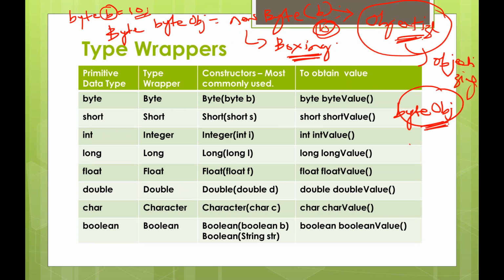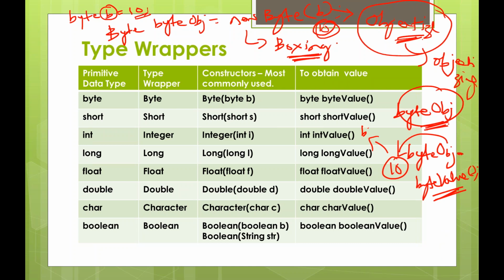That is when you use byteObj dot byteValue. So you will get that value 10. You can again assign it to byte x. This is a different variable.